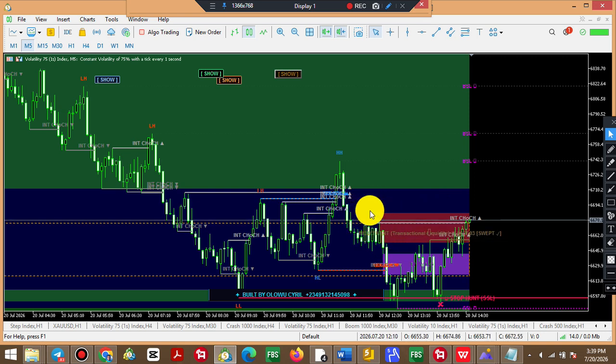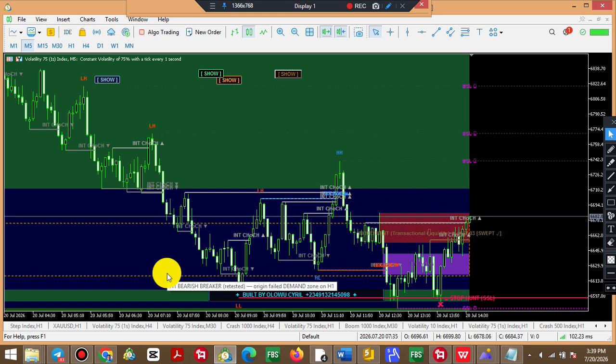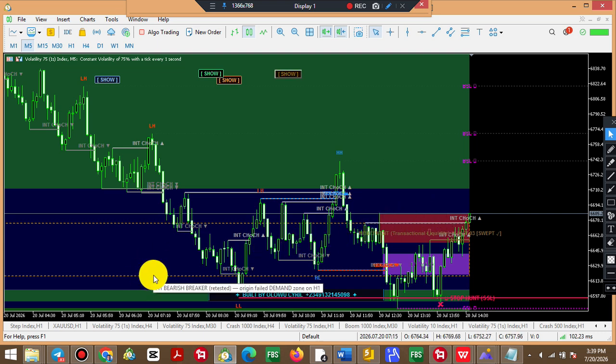So if price should eventually end up closing above this supply zone now, are you getting me? If price should end up closing above this supply zone, it's going to convert it into a bullish breaker block. So we can leverage on that, right? Because currently I can see a bearish breaker block where this system is forming, and immediately it evaluates this bearish breaker block we are seeing here.